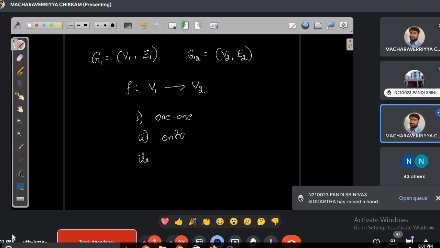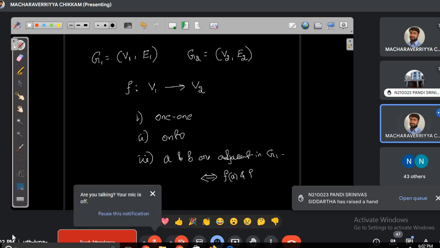Moreover, this is the property related to graphs: A and B are adjacent in G1 if and only if the images f of A and f of B are adjacent in G2.